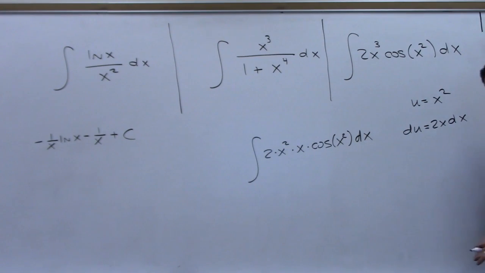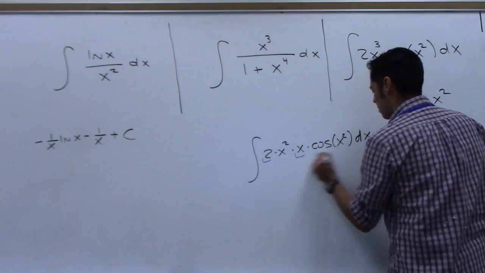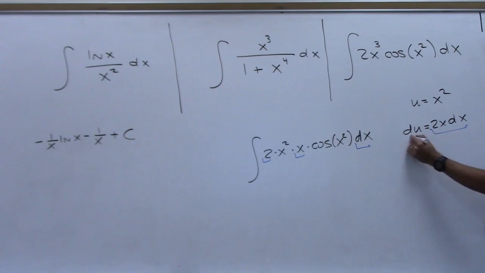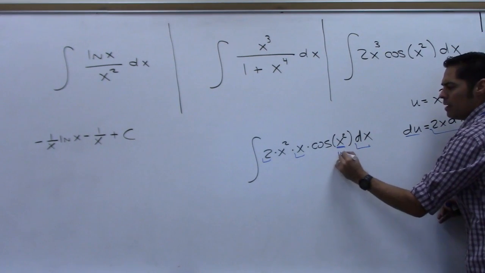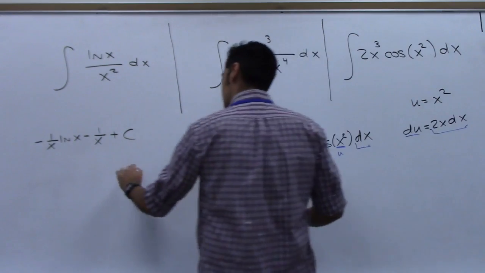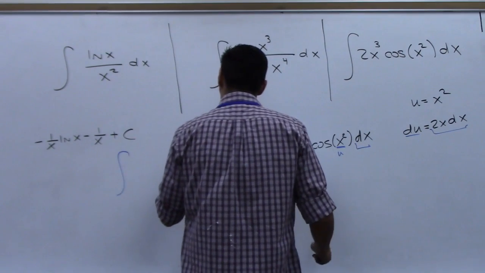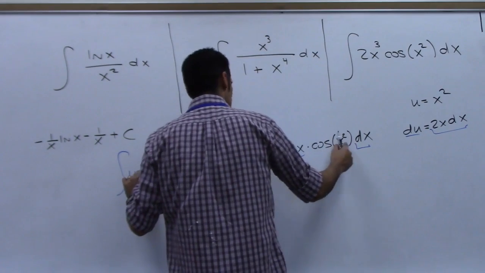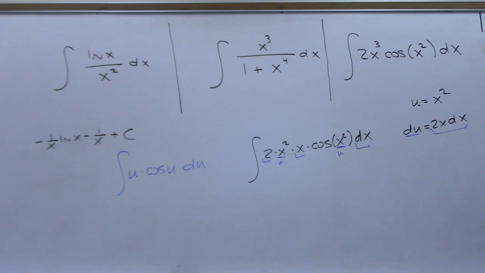You actually have everything: 2x dx right there, that's du. Then x squared is u, and cosine x squared is cosine u, and then integration by parts on that.